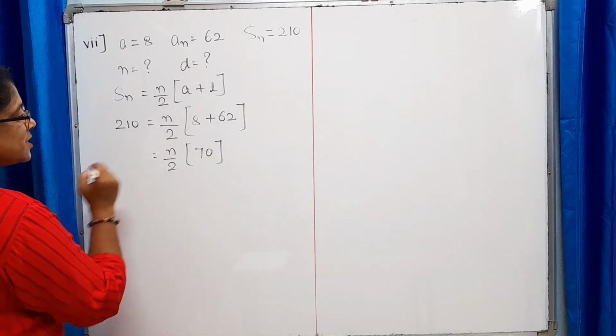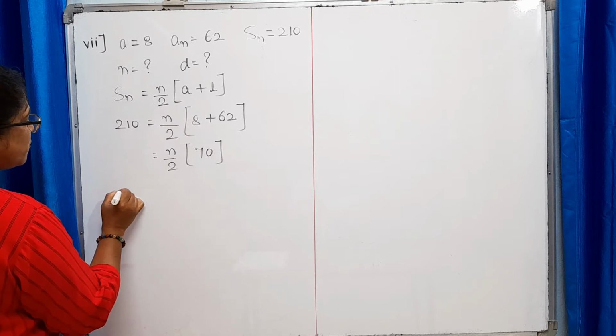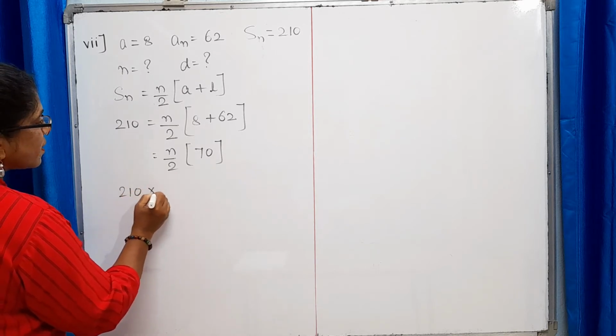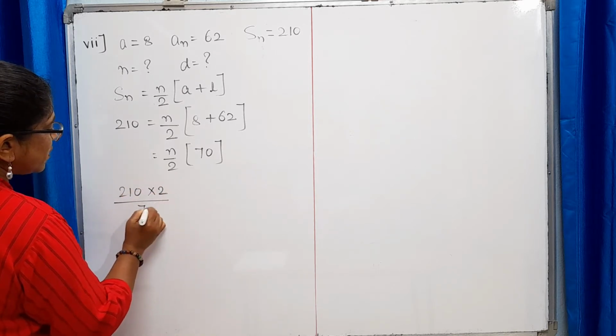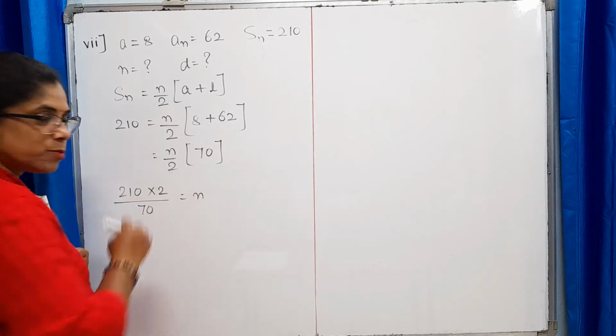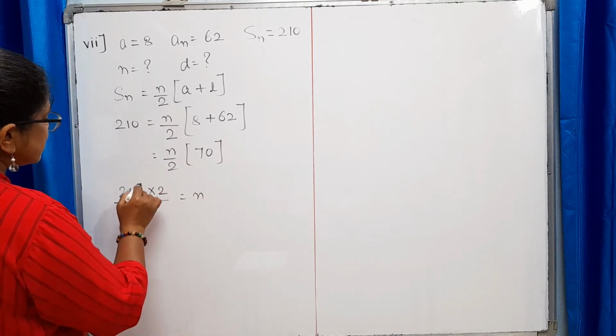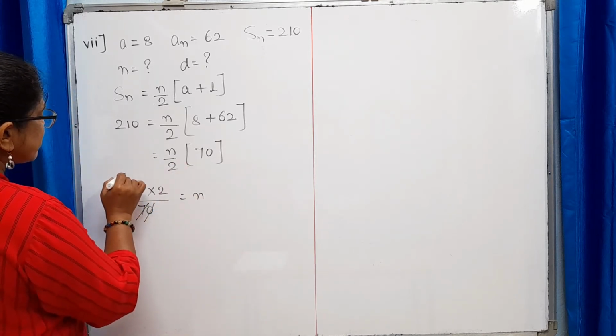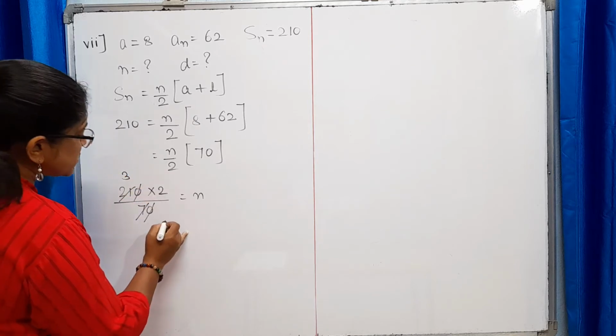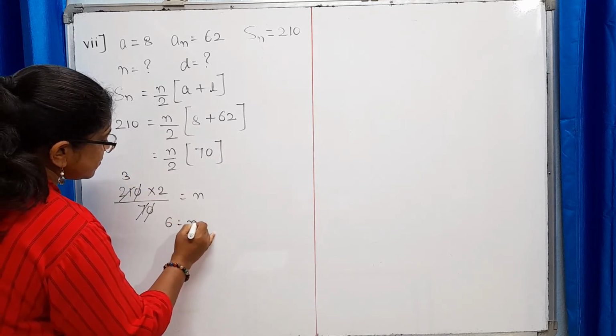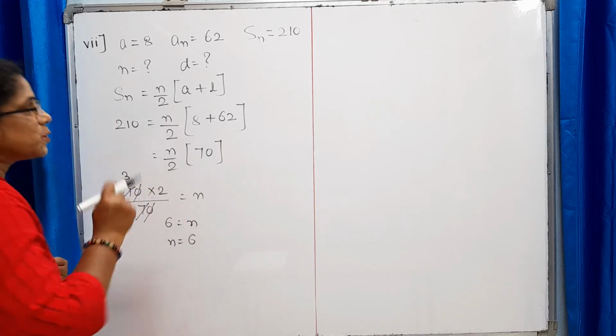So this 2 we will shift here, and this 70 will come down. This is going to be our n. Let us simplify this. 0, 0 cancel. 7 1s are 7, 7 3s are 21, 3 2s are 6. So n is equal to 6.